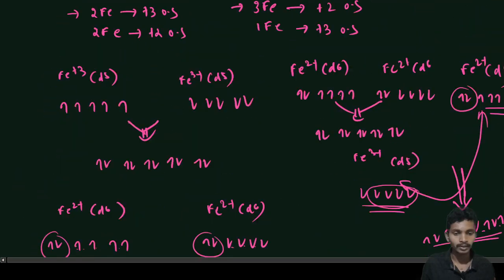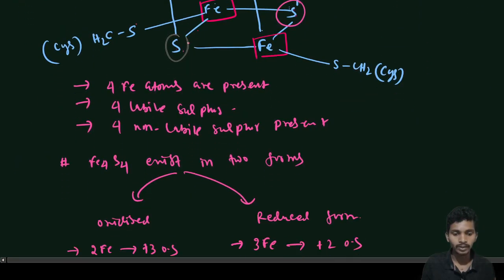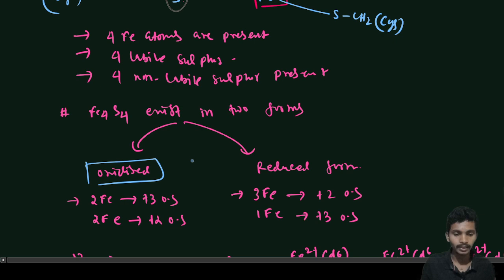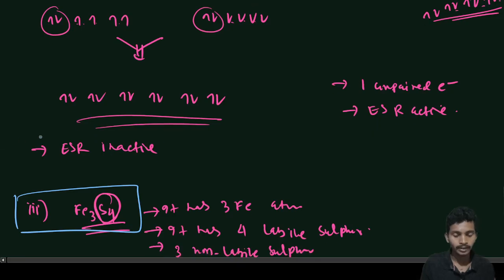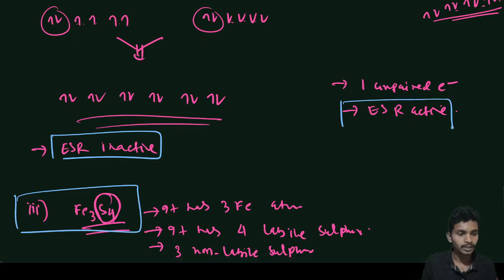Whenever you go for the Fe4S4 core, oxidized and reduced form, what we see here is that the oxidized is ESR inactive and the reduced is ESR active, meaning one is inactive, one is active.